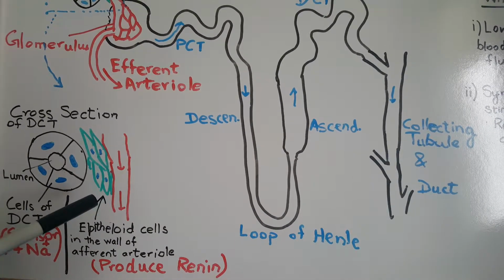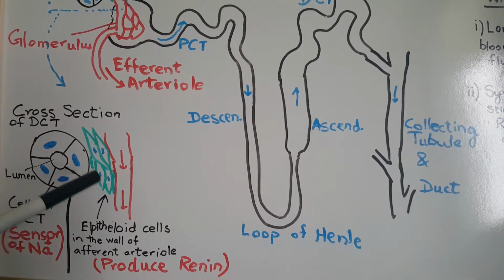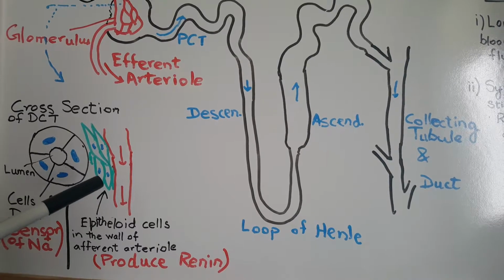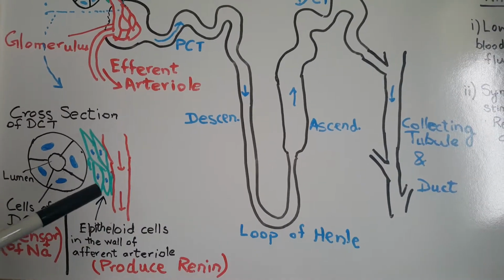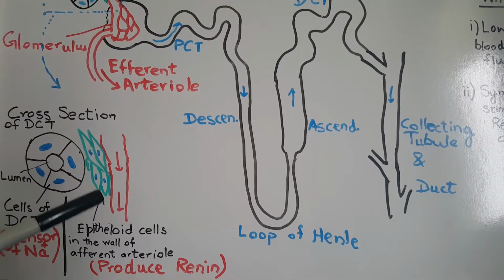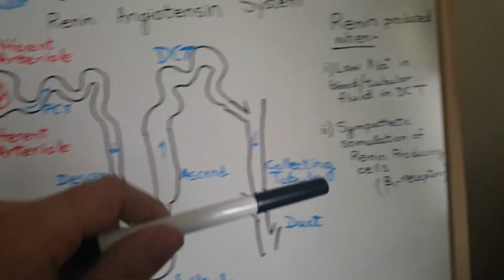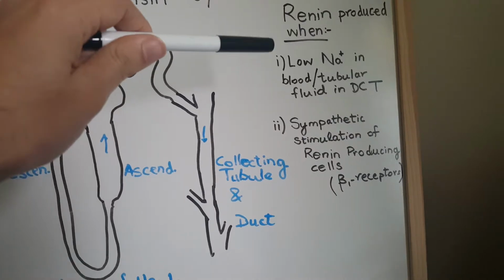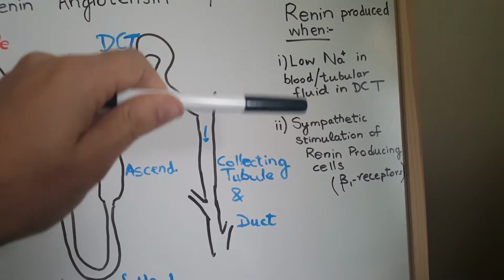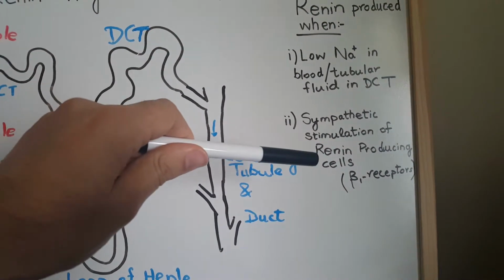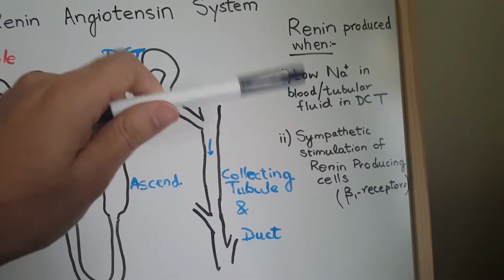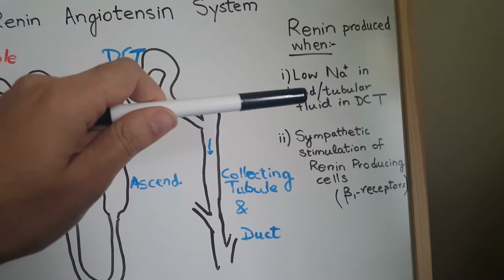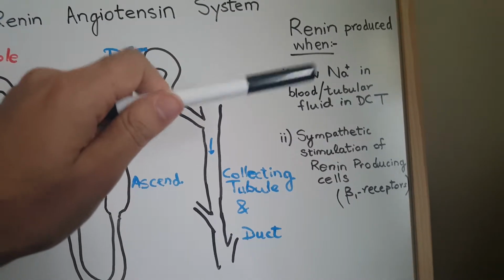Whenever there is sympathetic stimulation, these epithelioid cells produce renin in response to sympathetic stimulation. So renin can be produced in response to sympathetic stimulation, or if there is low sodium level in blood or there is hypotension.